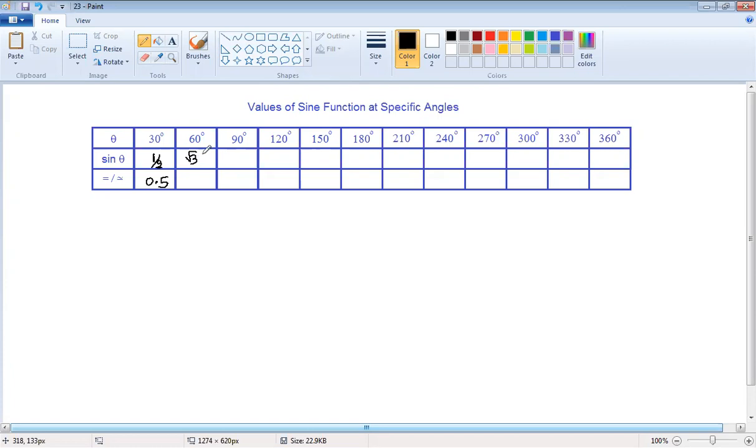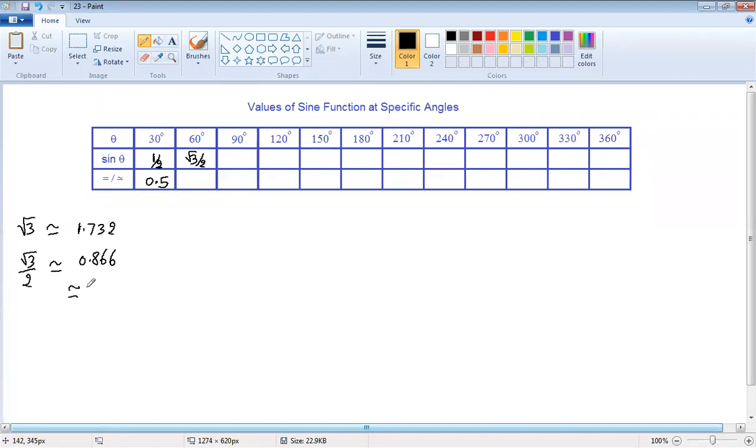Now we will use the approximate value of root 3, which is equal to 1.732. Therefore, root 3 divided by 2 is approximately 0.866. But we don't need 3 digits. We need only 2 digits.